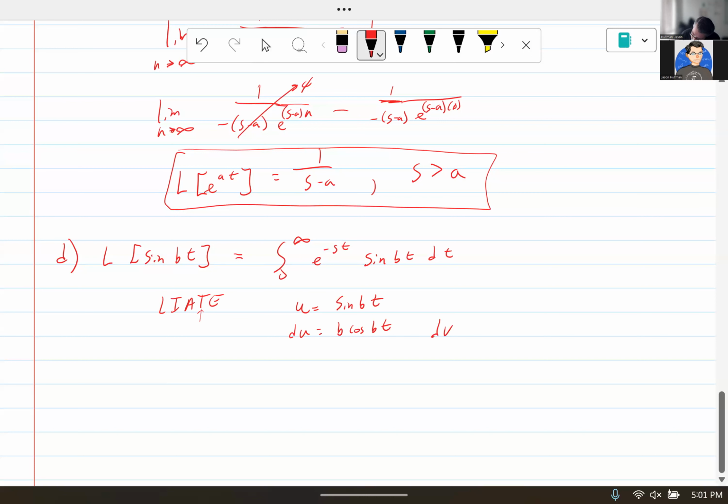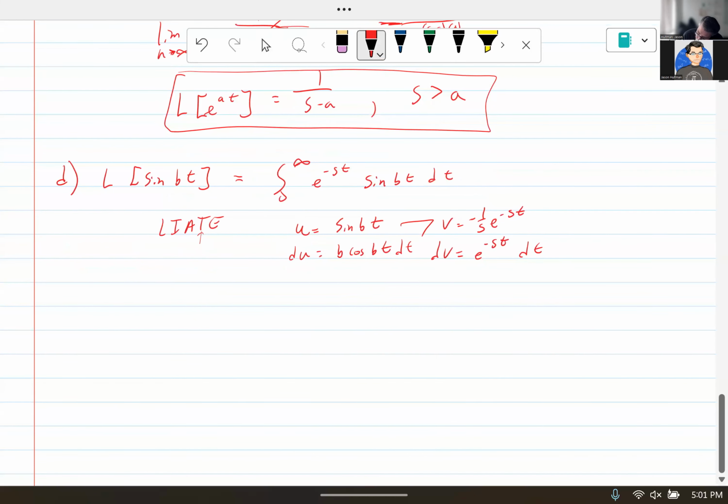Okay, dv is equal to e to the negative st dt. V is equal to negative 1 over s, e to the negative st. So, uv minus the integral of v du, I'm going to write this over here.